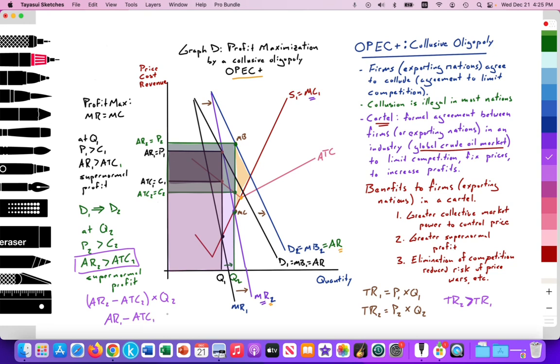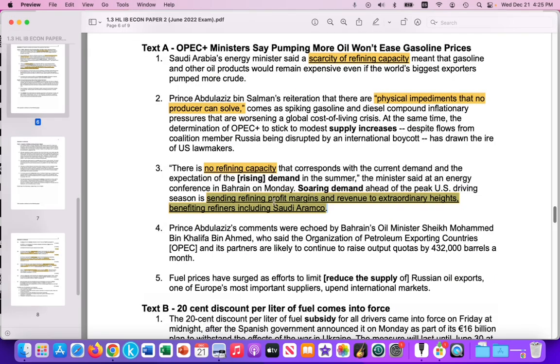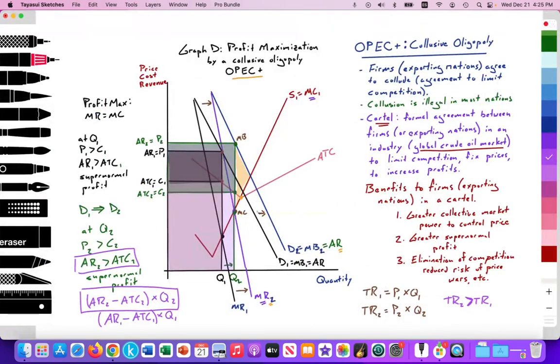That height multiplied by the base of Q1, right? This value here, this supernormal profit here, is greater than this. So yes, all right, we see demand increases, profit does increase, revenue does increase. We can use this model to illustrate that that is the case.